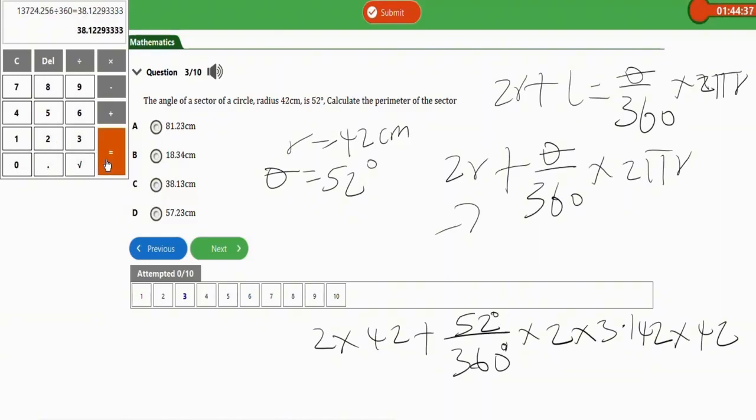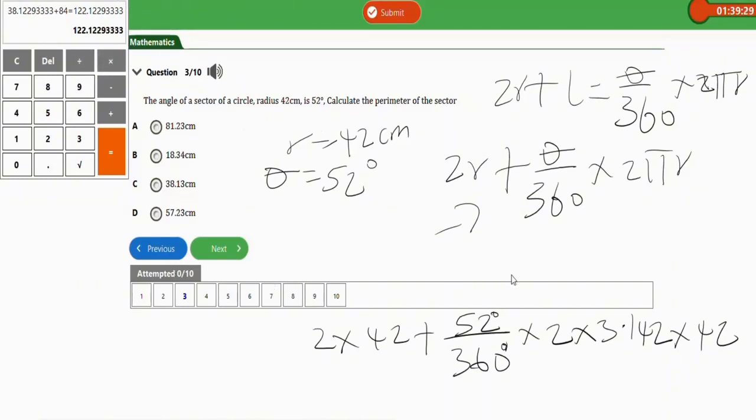So we have 38.122, and when you punch 2 times 42 it will give you 84. So basically you add 84 to this output, remember 84 was gotten from the product of 2 times 42. So we have the final result to be 122.1229333.